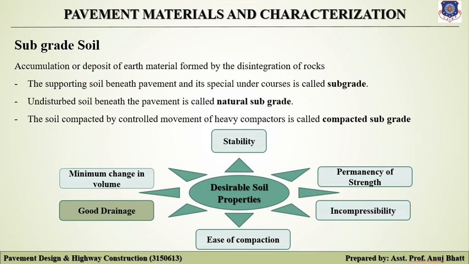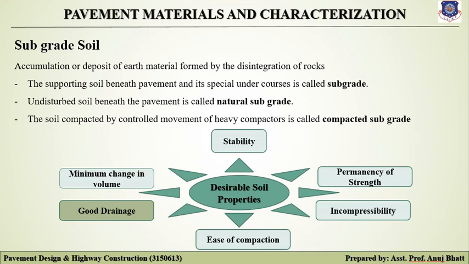In some clayey soils, variation in moisture content causes considerable variation in the volume of the subgrade, which causes failure of the pavement. Excessive moisture in the subgrade considerably lowers its stability, and the pavement is likely to fail due to subgrade failure. So this is how good drainage is necessary in soil.